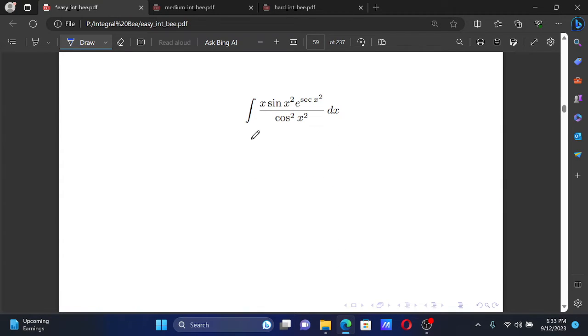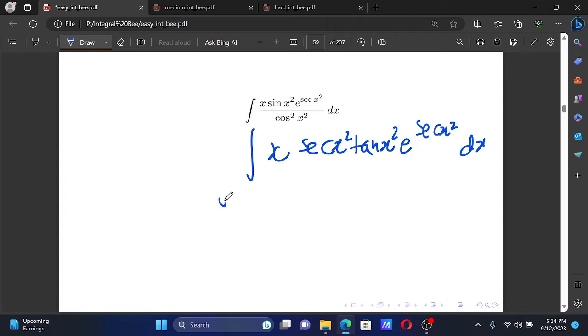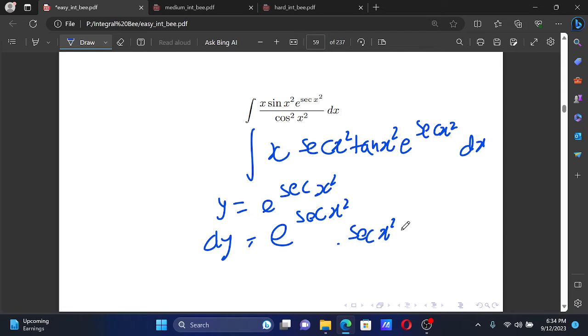For this one, we'll first try to divide the denominator into the numerator. That will be sec x square tan x square times e to the power sec x square dx. Now you notice that if you just let y as e to the power sec x square, the derivative we get is also similar to this expression. So that's e to the power sec x square and then sec x square tan x square and then 2x dx.